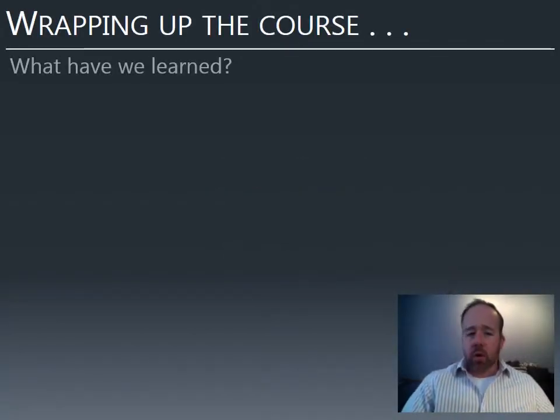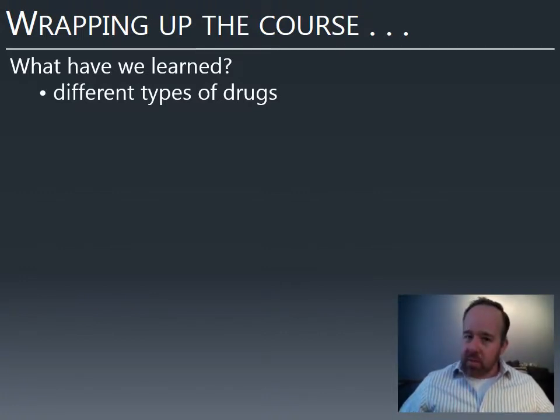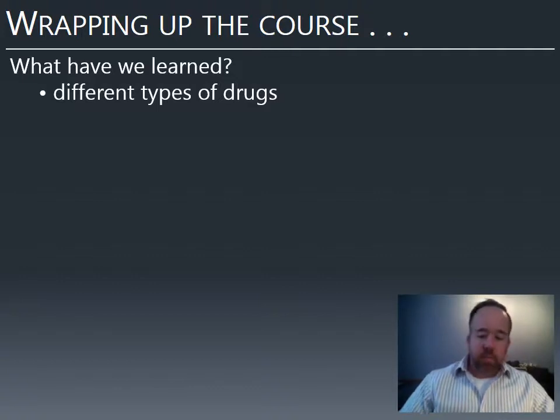So to wrap up the course, the big question, of course, is what have we learned? At a low-lying and glib level, we've learned about different types of drugs, and there are certainly lots of those. Some of them you may have been familiar with, some perhaps not. Certainly things like alcohol, tobacco, marijuana, we've all heard of, but some you may not have, especially the psychotherapeutic drugs or some of the stimulants perhaps.